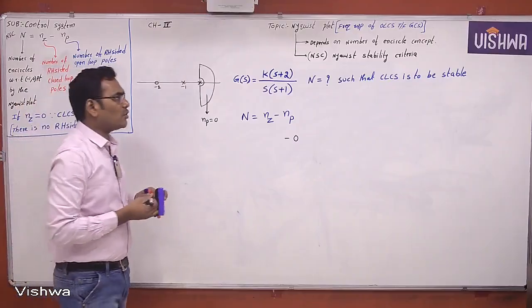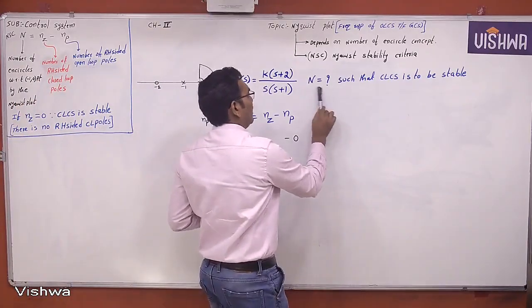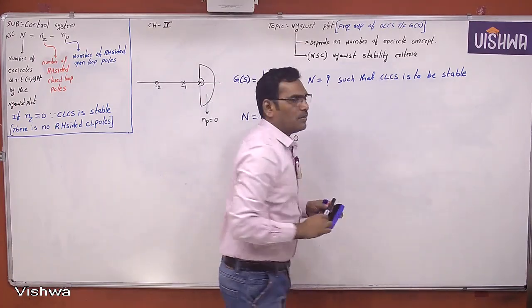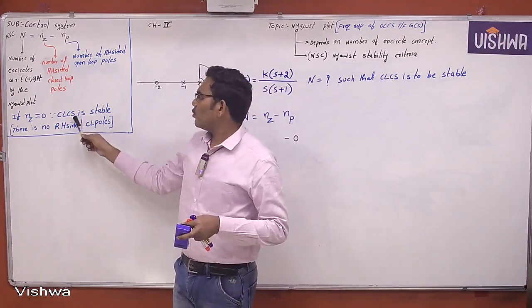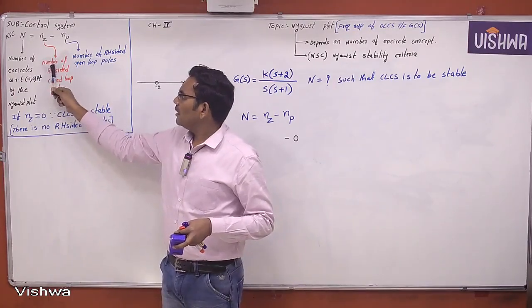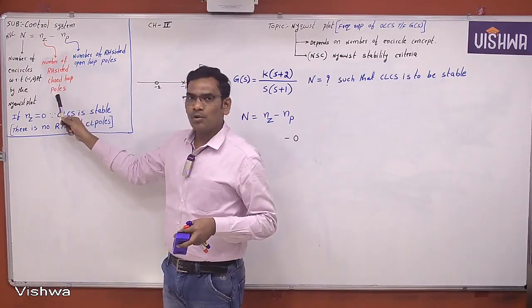Now, what is NZ? NZ is given in the question, because he says the closed loop control system is stable. If the closed loop control system is stable, NZ equals 0. NZ means the number of right hand sided closed loop poles.